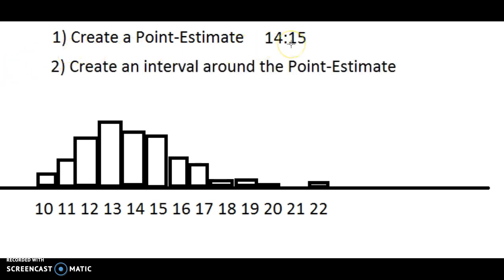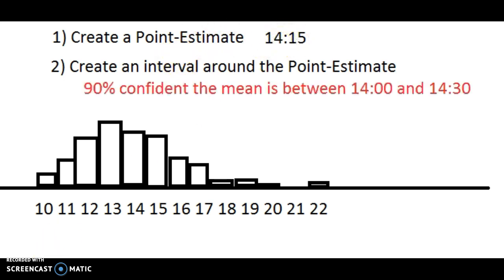Now, guessing a single number like this, there's almost a 0% chance that I'm exactly right, that is my real average. And so that's the idea behind confidence intervals. If we want to have any sort of confidence in our estimate, we need to create an interval around that point estimate. So for me personally, I would say I'm about 90% confident the mean is between 14 minutes and 14 minutes and 30 seconds.